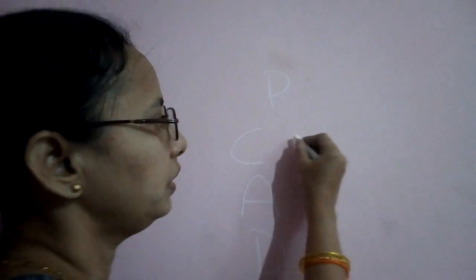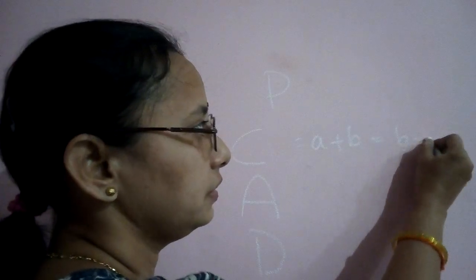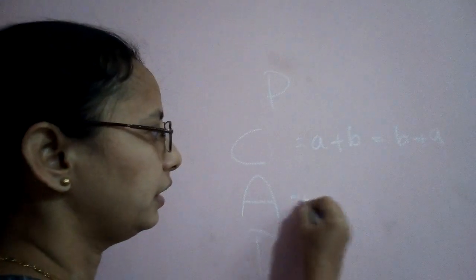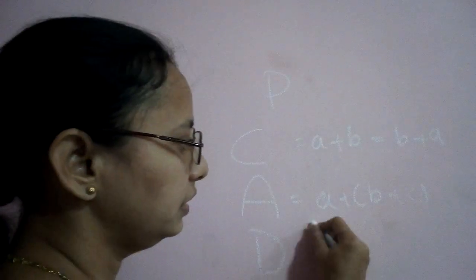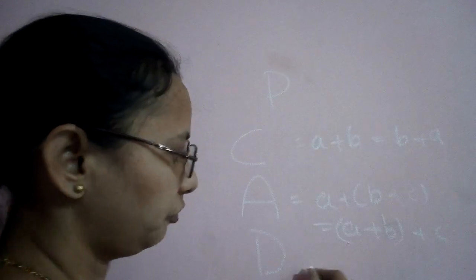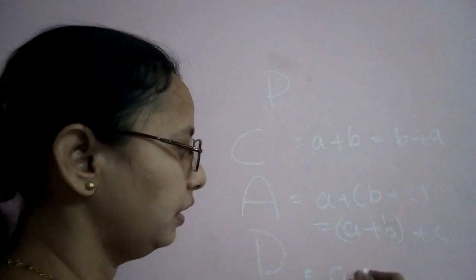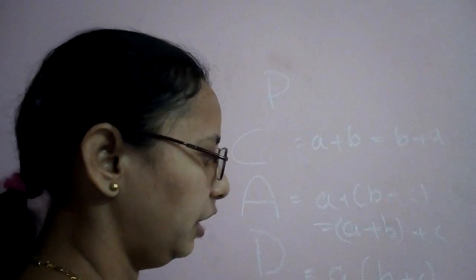The formulas would be like a plus b is equal to b plus a. This is the commutative property. The associative property would be like a plus b plus c is equal to a plus b plus c, grouped differently. For the distributive property, it would be a into b plus c is equal to ab plus ac.